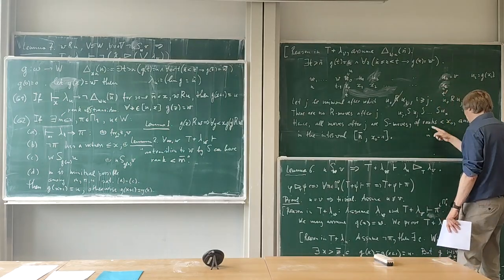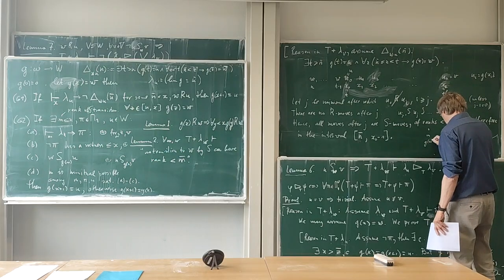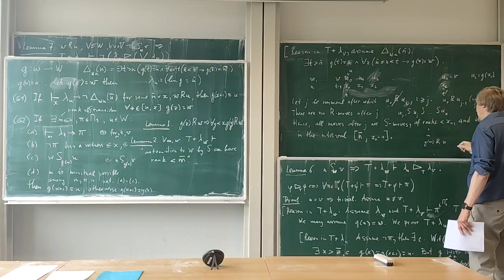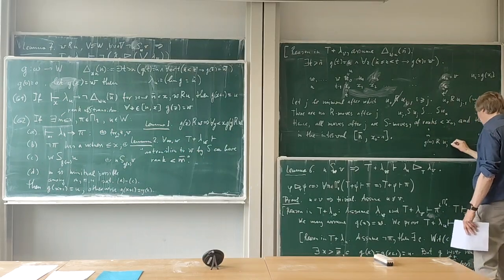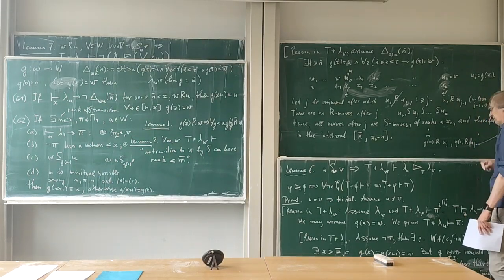So at that point m, we must have the following, that g of m r uj and g of m are uj plus 1, for example.